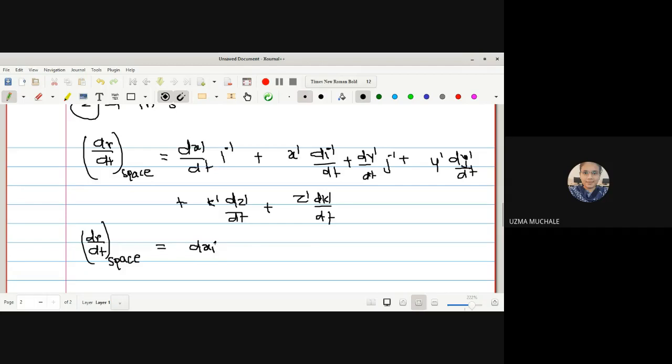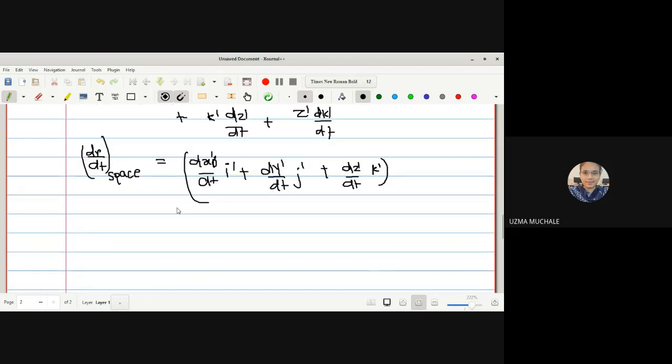I can write it as dx dash by dt i dash plus dy dash by dt j dash plus dz dash by dt k dash, plus we will write down the remaining terms, that is with x dash, y dash, z dash: x dash di dash by dt plus y dash dj dash by dt plus z dash dk dash by dt. So the remaining terms we have written in one bracket.